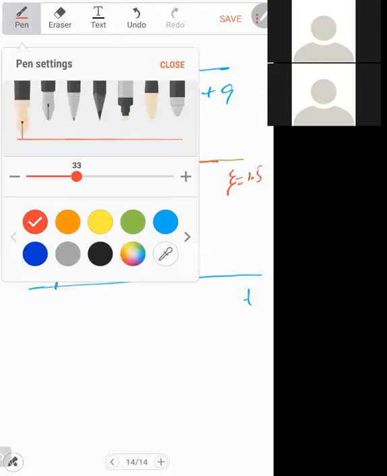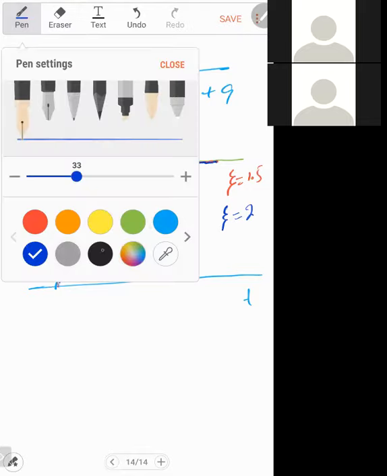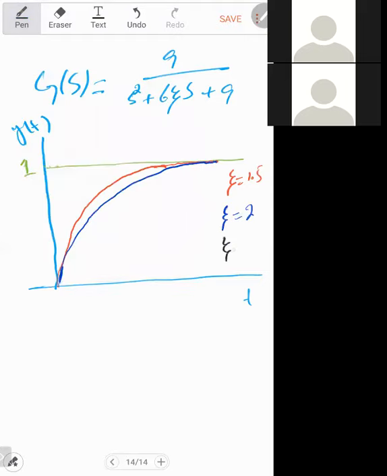Now please check that if you increase the value of zeta, let's say zeta is equal to 2, the damping will increase. If you further increase to zeta equal to 4, the system will become more overdamped. So this is why it is called the overdamped case.